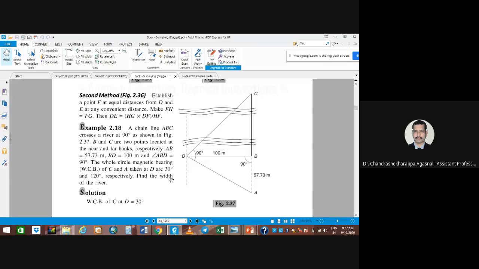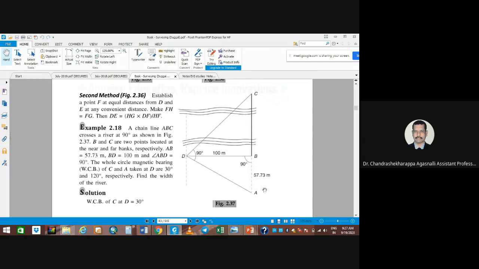B and C are two points located at the near and far banks. Respectively, AB is equal to 57.73 and BD is equal to 100, and the angle ABD is equal to 90 degrees here.